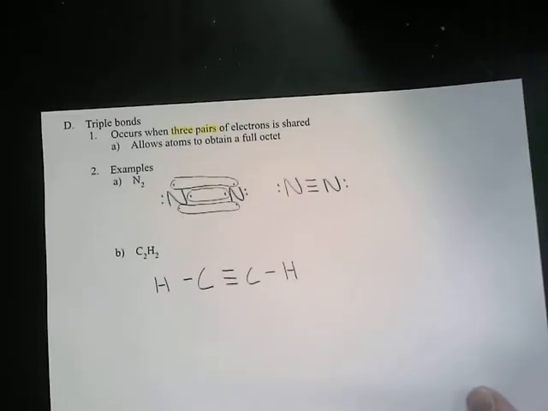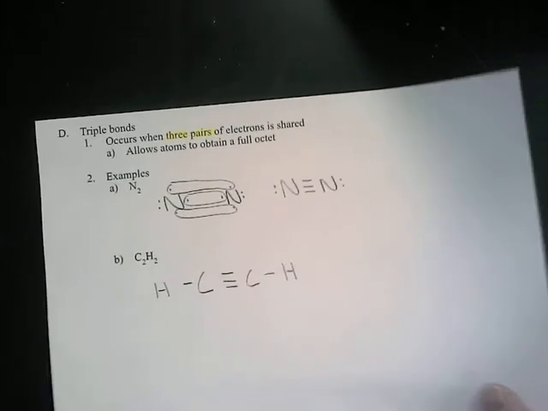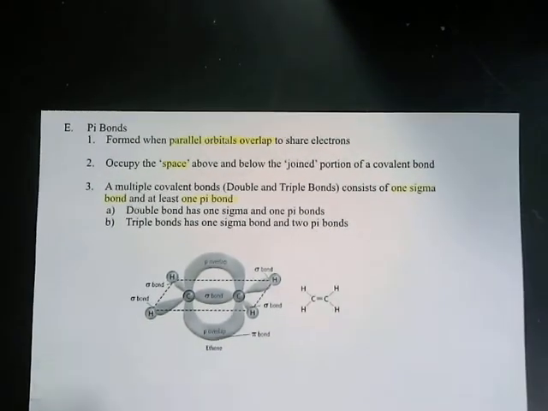Now, when we have a double or a triple bond, we can also talk about this other item, which is a pi bond. So essentially with a pi bond, by definition, parallel orbitals overlap.